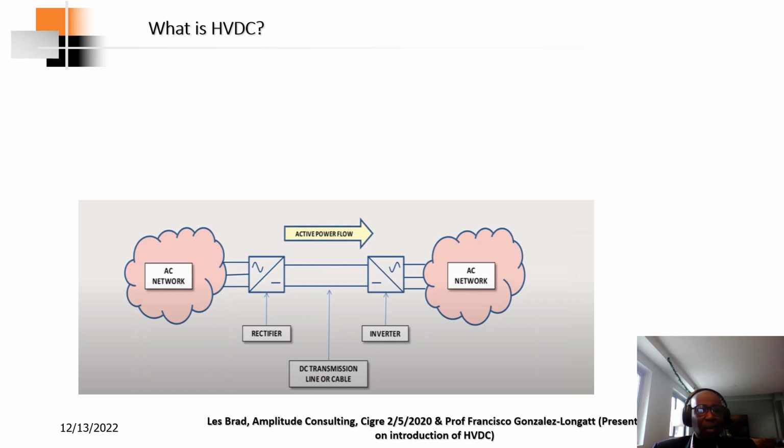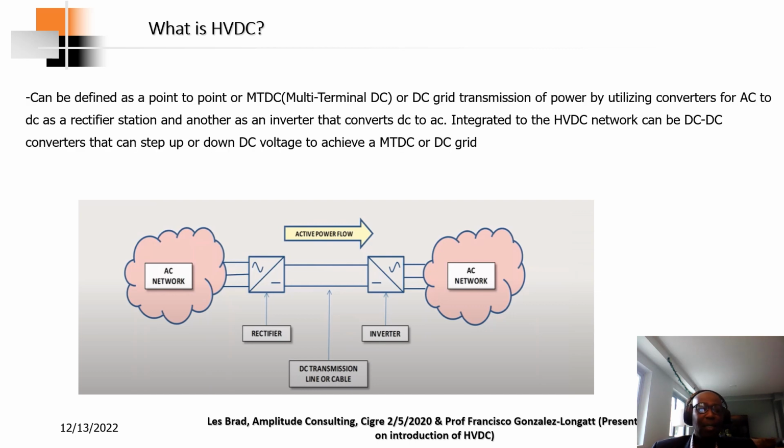Now, let's talk about what a high voltage DC transmission system is. It can be defined as a point-to-point or a multi-terminal DC configuration. That is, if you have more than 2 terminals, 3, 4, 5, it is considered a multi-terminal DC.